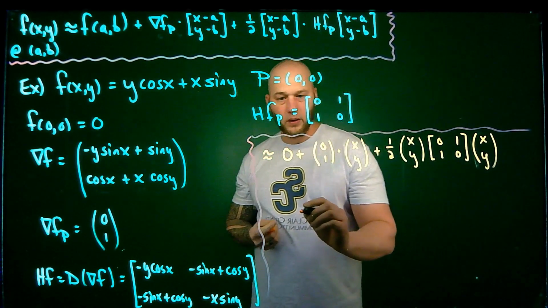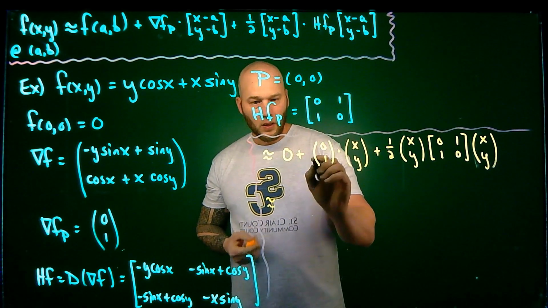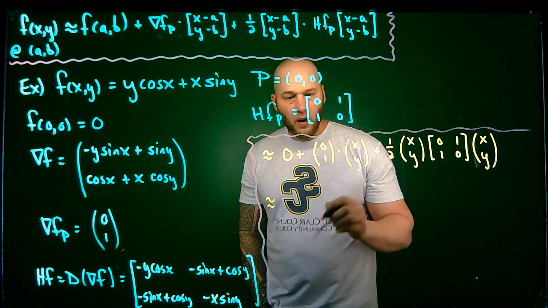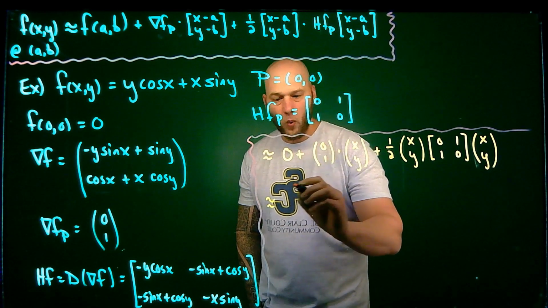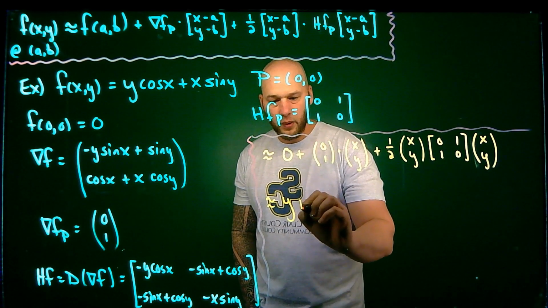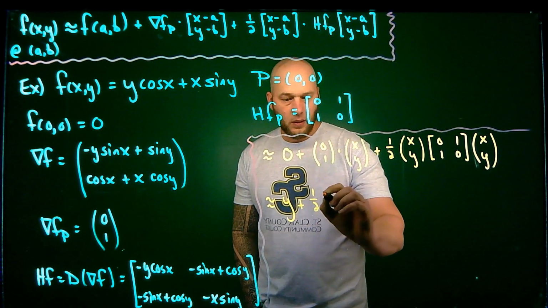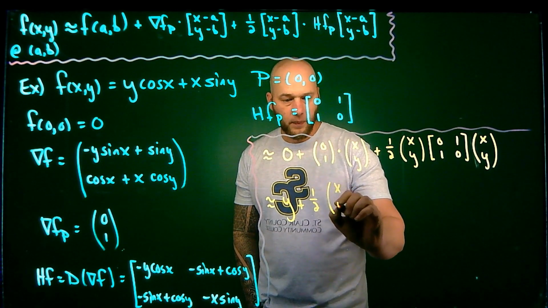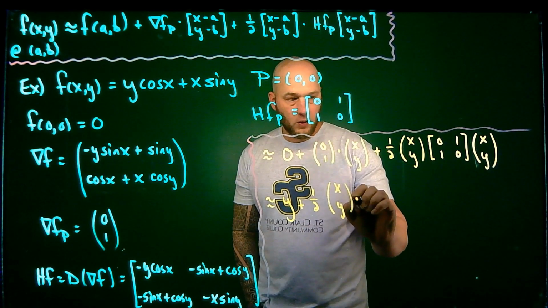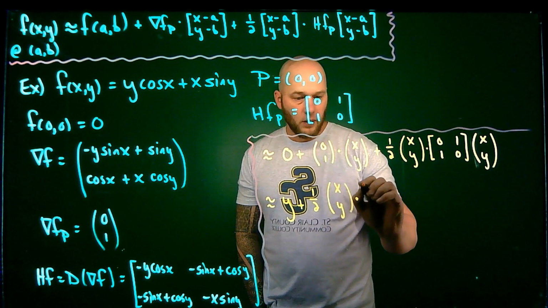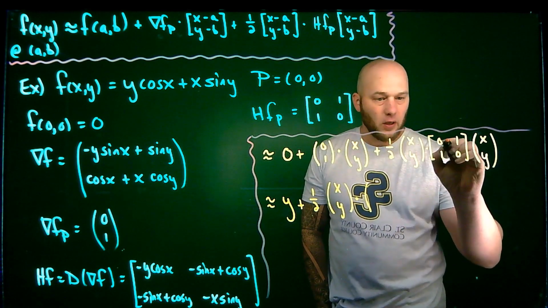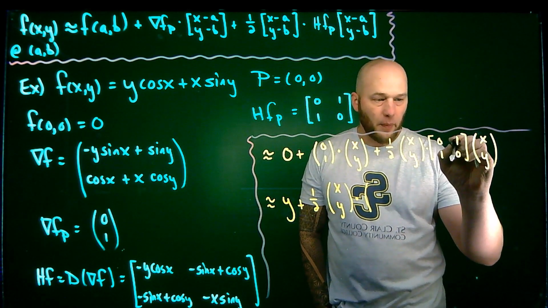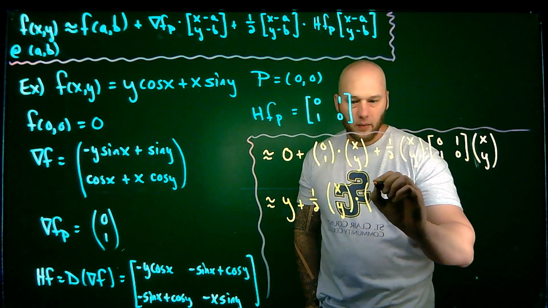Let's go ahead and compute this. 0 plus the dot product here, 0 times x plus 1 times y, would be y, plus 1/2 times the vector x, y. And this is going to be a dot product times, when I multiply this matrix by this vector, I'm going to get a vector. So 0, 1 dot product with x, y is y.